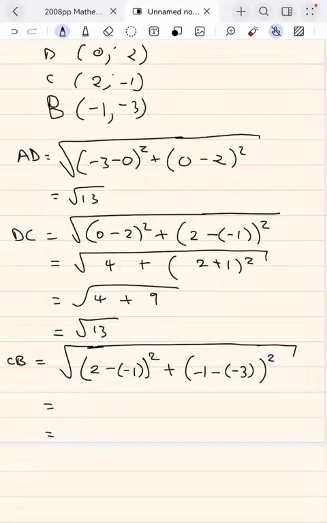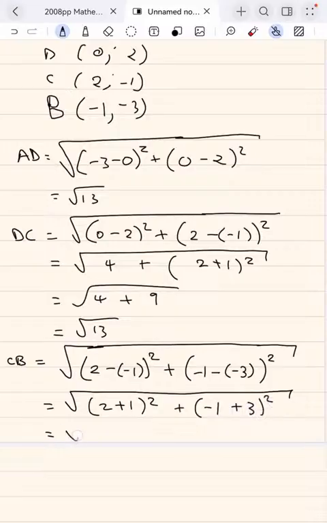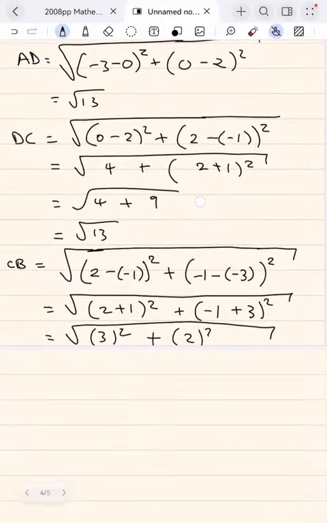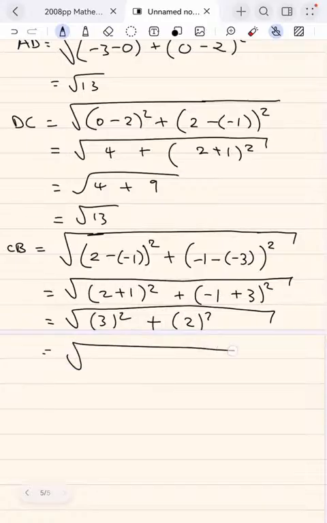Hold on, something is not adding up here. It's 3. Oh yes, everything is adding up. I made a mistake. Right, perfect. 2 plus 1 squared plus minus 1 plus 3 squared. Square root of 3 squared plus 2 squared is equal to the square root of 9 plus 4, which is equal to the square root of 13.